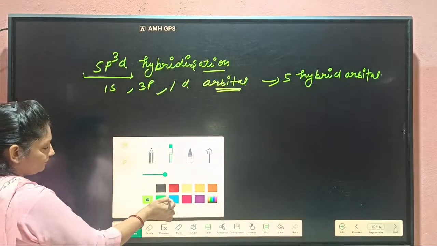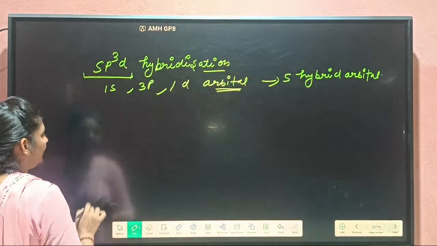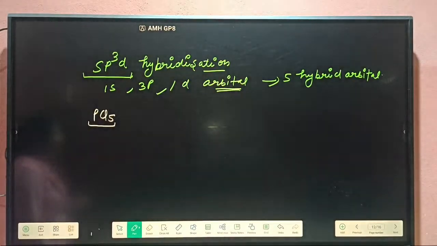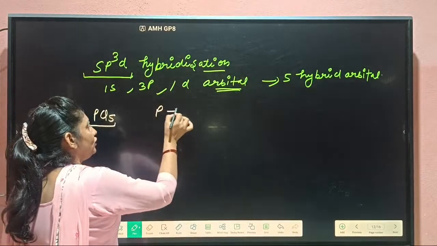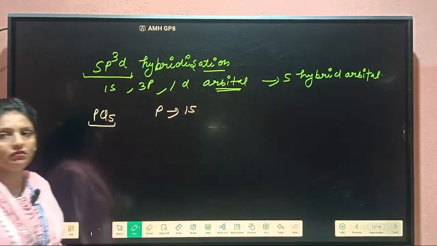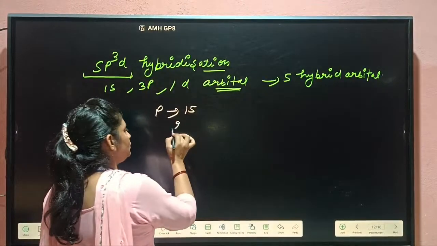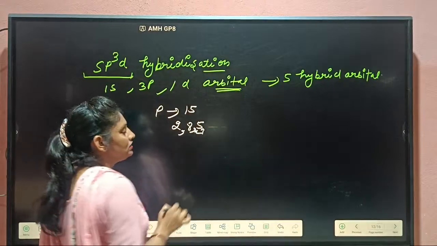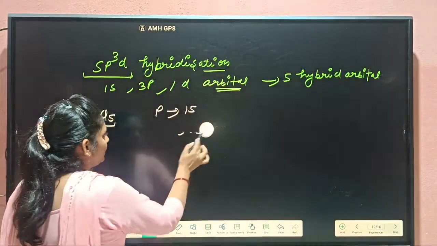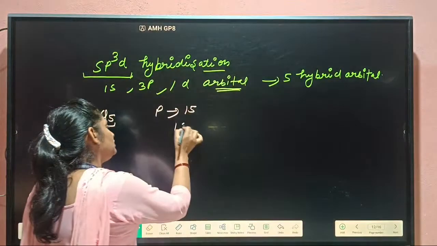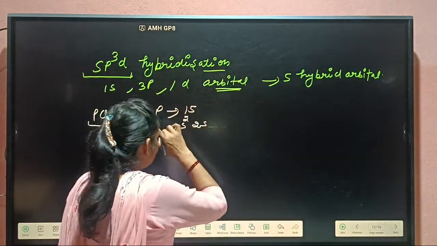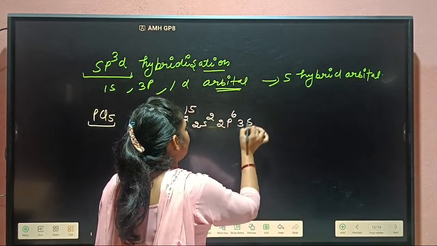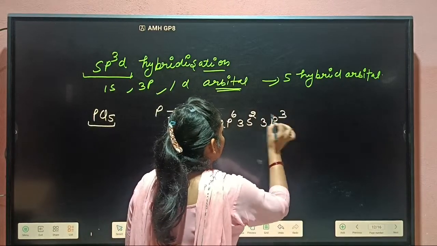Students, like that, if we take an example of PCl5, you know very well phosphorus atomic number is 15. So students, the configuration will be 2, 8, 5. In shell configuration, we will write subshells: 1s2, 2s2, 2p6, 3s2, 3p3.